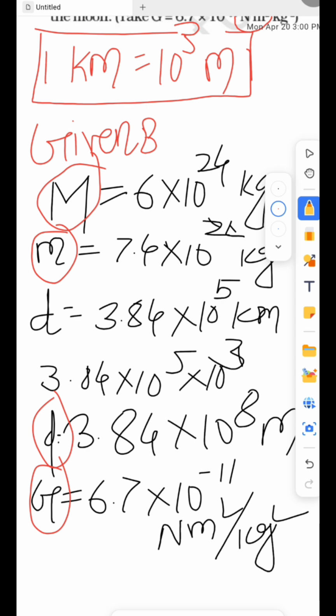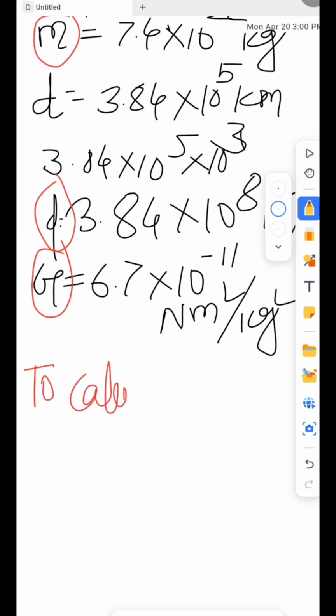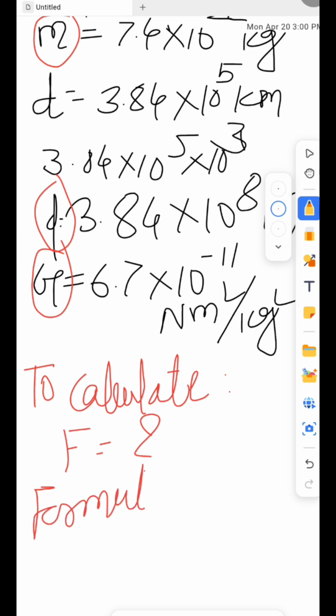First of all, what we have to calculate here is the force. And we have the formula. What is our formula?